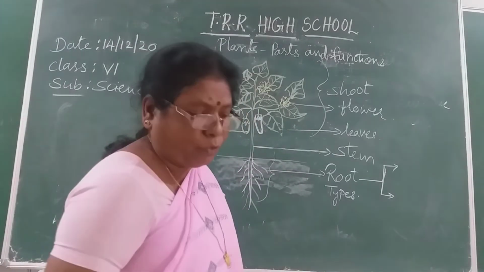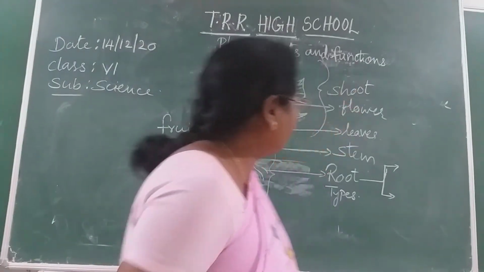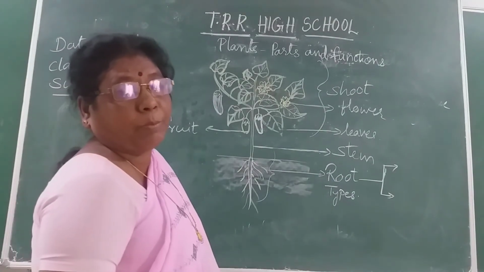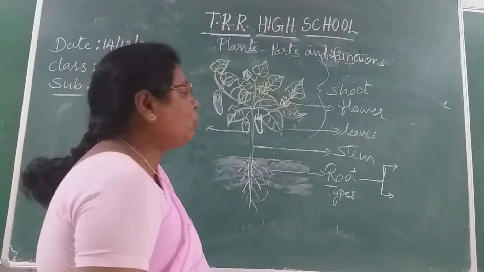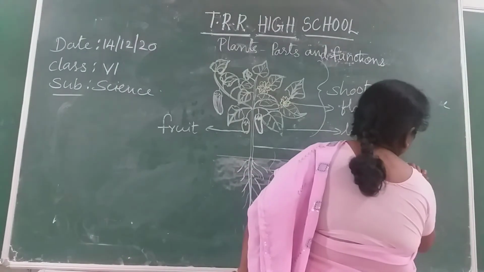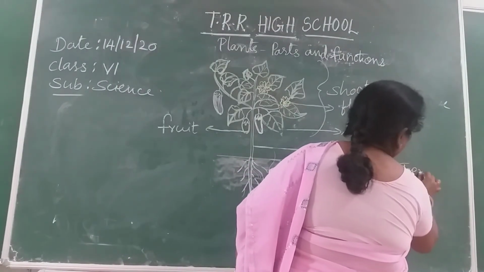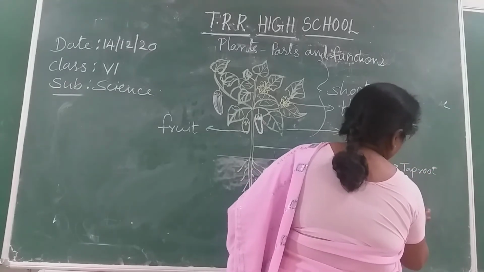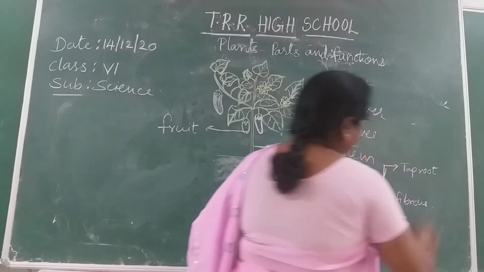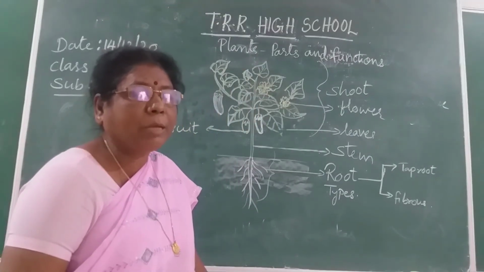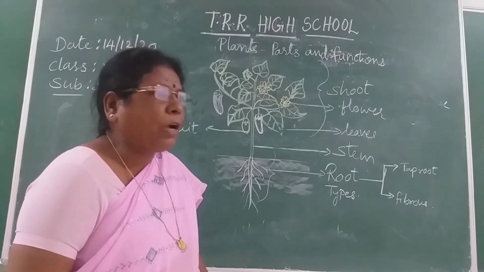There are two types of root system, that is taproot system, taproot and fibrous root. There are two types of root systems, taproot and fibrous root.